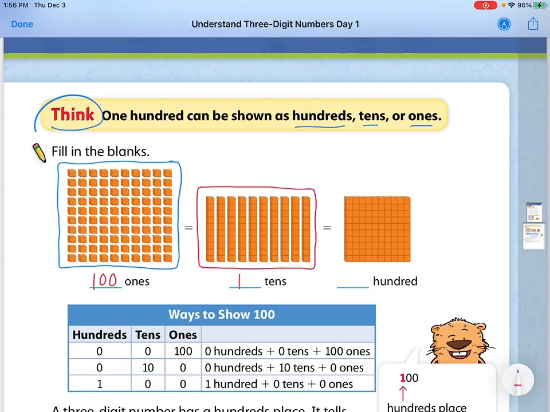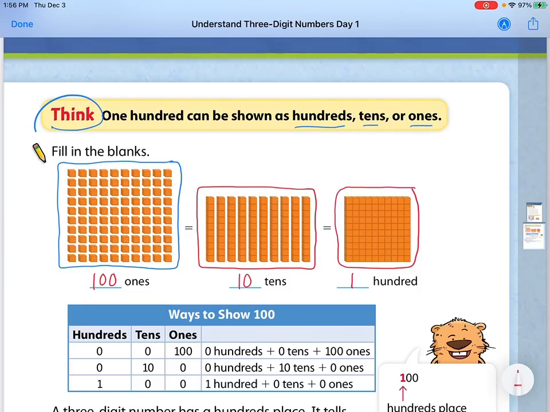Yes, you're right, there are 10 tens in 100. That's also the same as if we take them all and stick them all together, we still have 100, don't we? But how many hundreds models does 100 take? It only takes 1 hundreds model, okay?